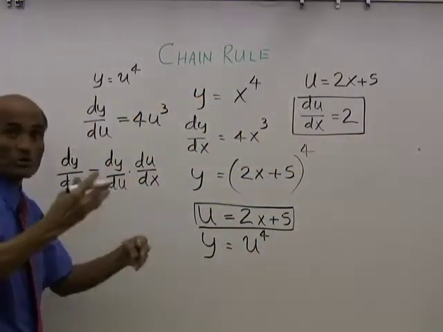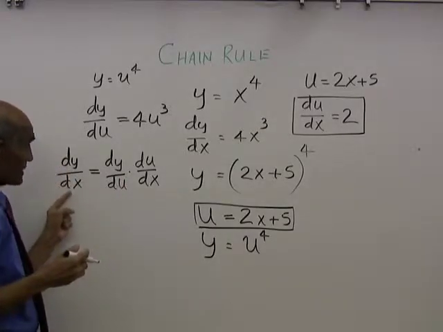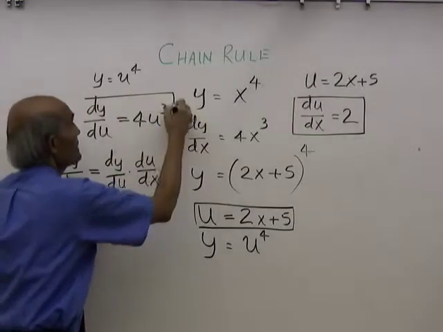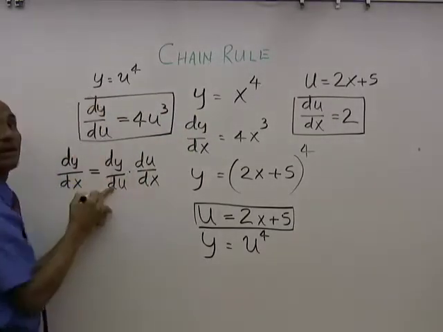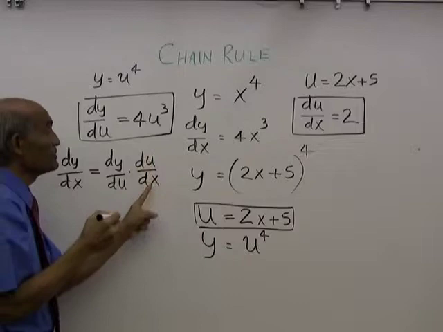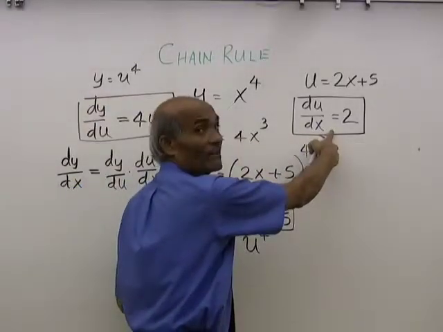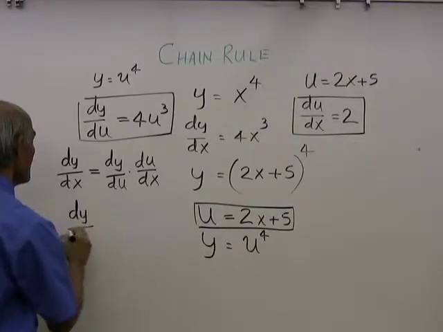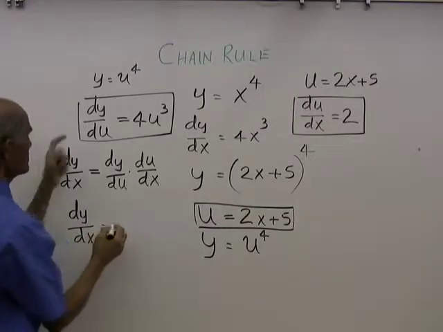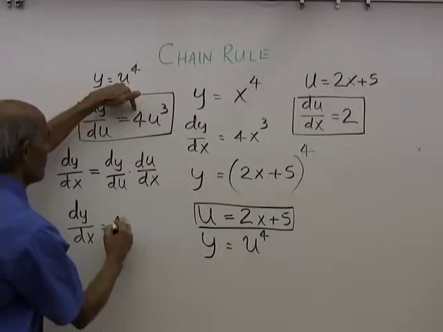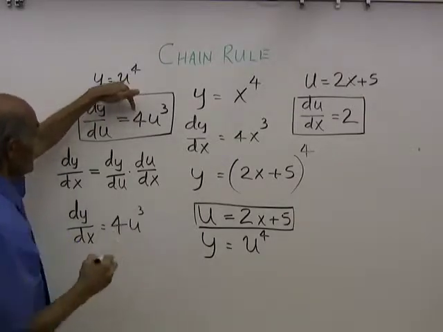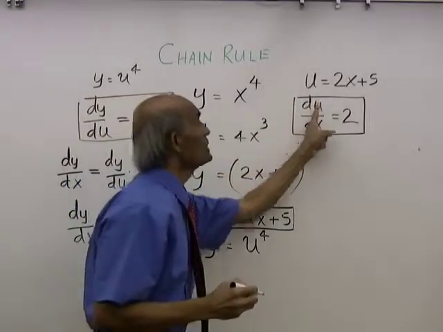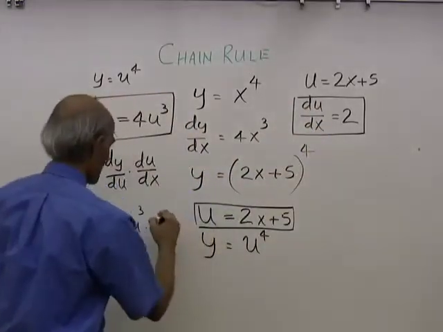Now, let's put it all together. dy by dx is dy by du, which we have here, multiplied by du by dx, which we have here. And so, we would say dy by dx equal to 4u cube, that is dy by du, multiplied by du by dx, which is 2.